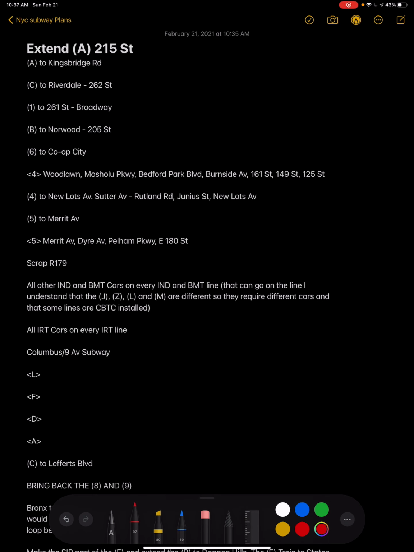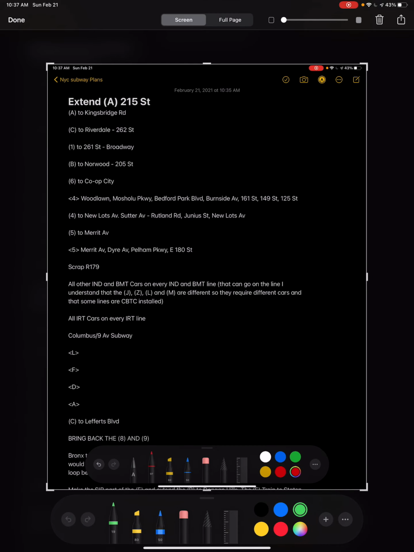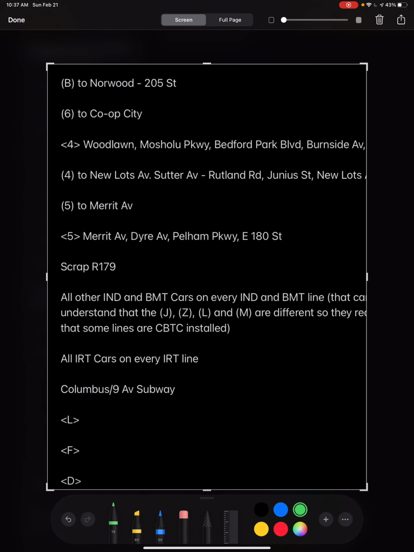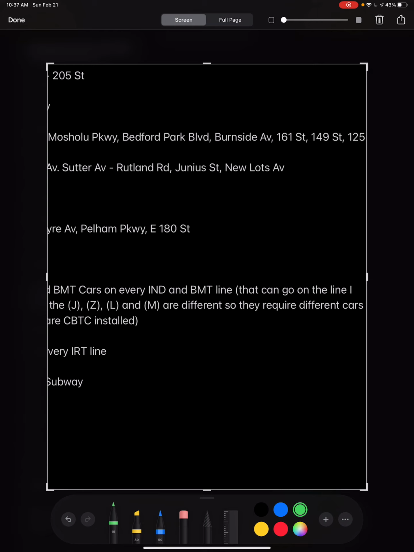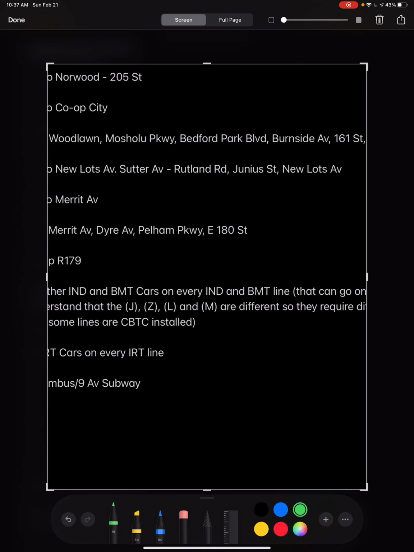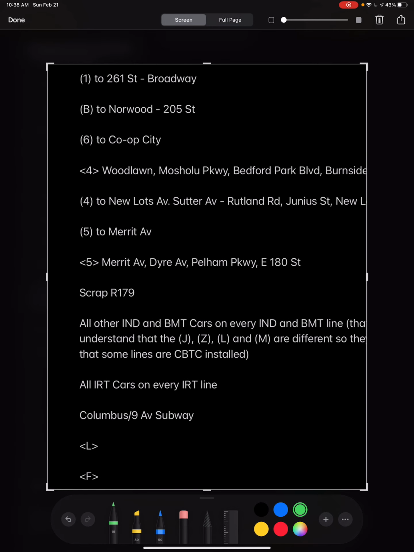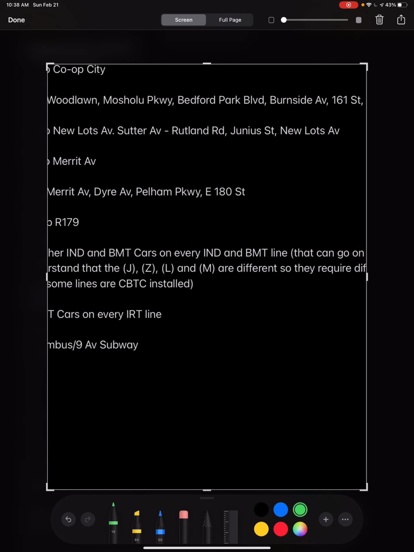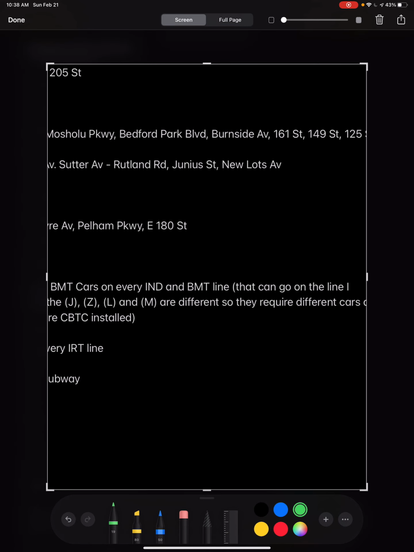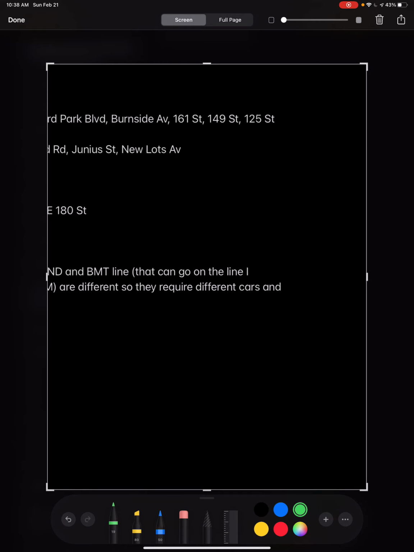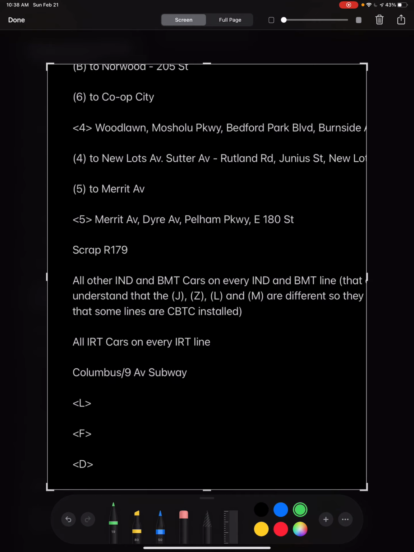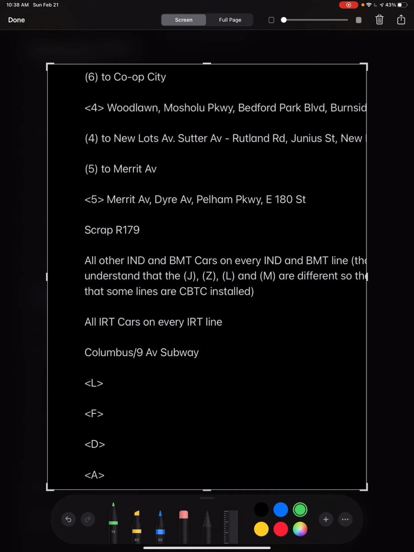So let's take a picture of this. You see that? So I realized that the J, Z, L, and M trains are different sizes, I think, so they require different cars, and that some lines, the Queens Boulevard line, are CBTC installed.